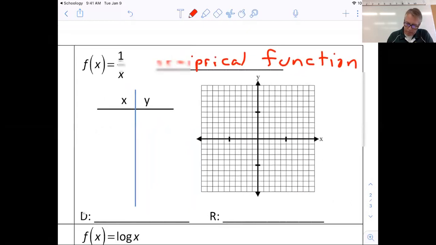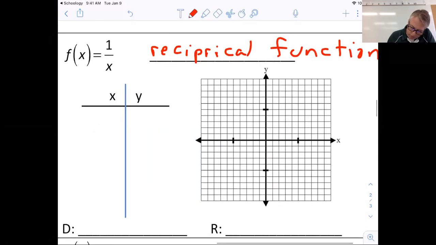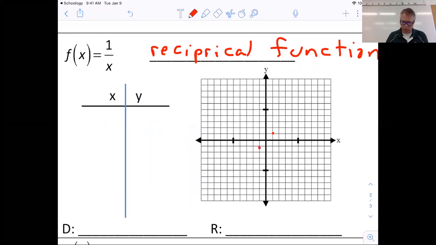It's kind of a crazy shape. So if you went over 1 and up 1 and put a dot there, and to the left 1 and down 1 and put a dot there, not through 0, 0. Because look at the function itself. You can't have an input of 0. It's undefined because you'd have 1 divided by 0.